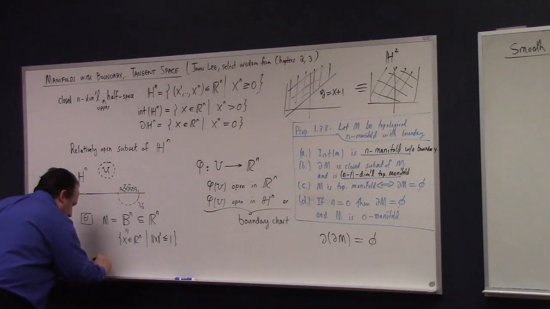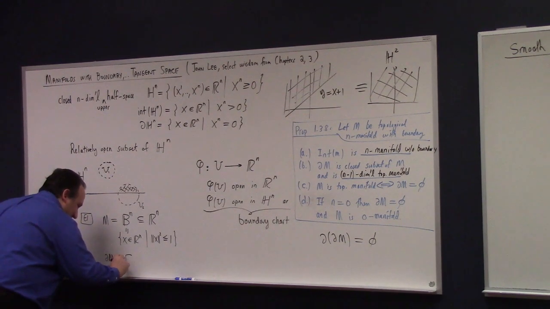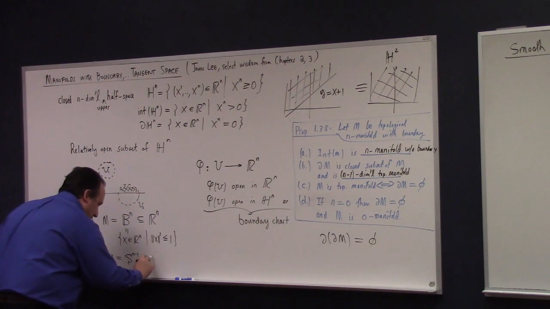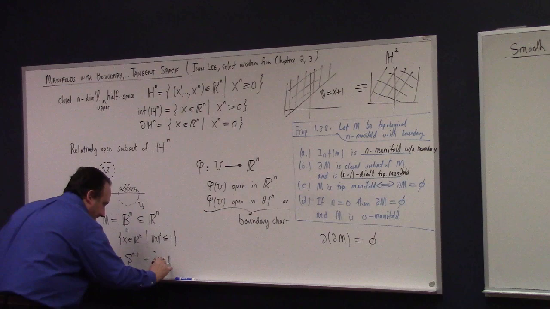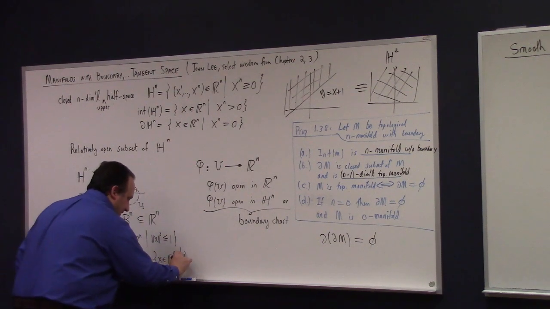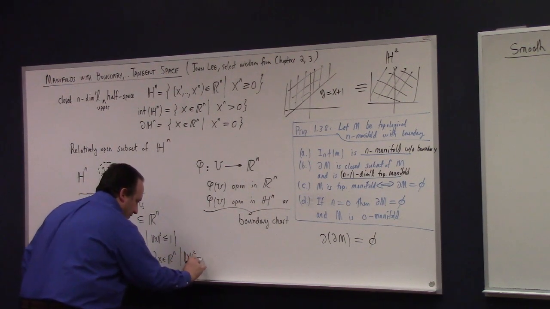I have not proved this, but it is true that the boundary of M is going to be the n minus 1 sphere, which is x in Rn such that the length of x is 1.